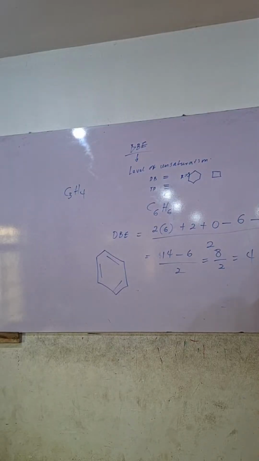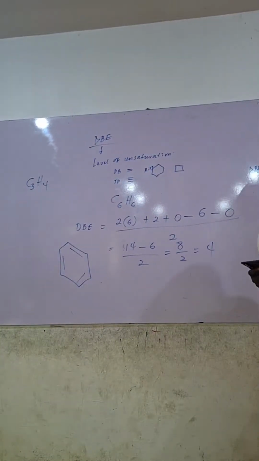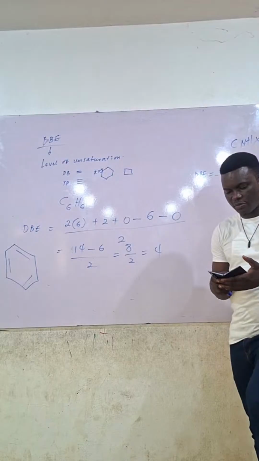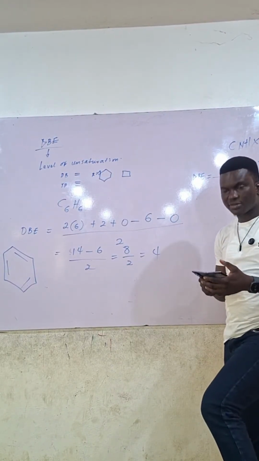So I think that settles double bond equivalence. Just know the formula. So the last topic. They even said that it might not be possible to cover all these topics in one day, that we can split it into three topics.